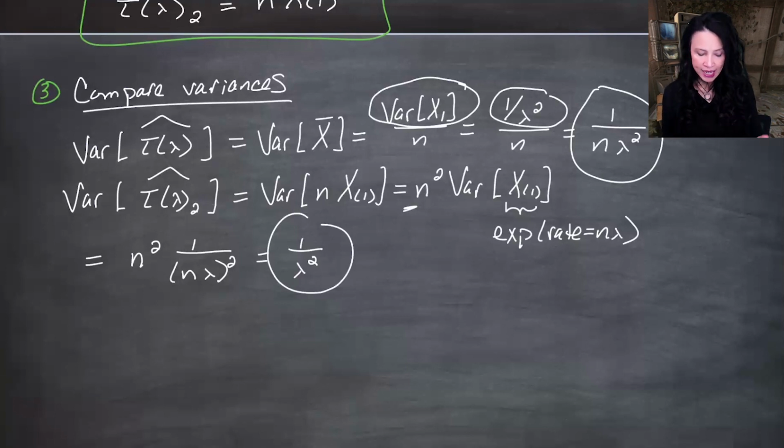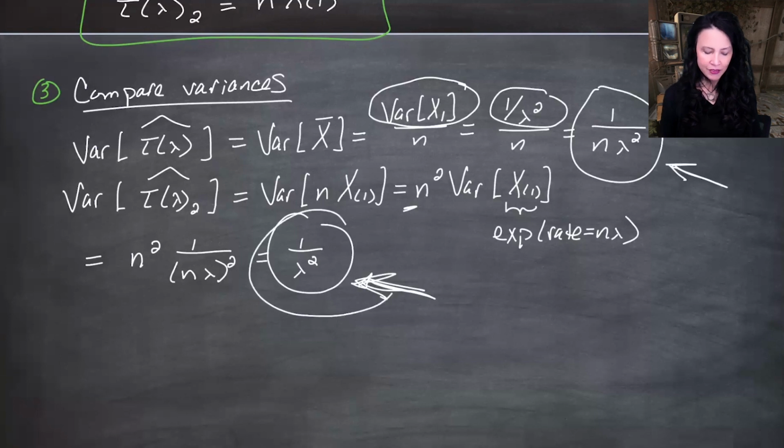It doesn't have to be the case. This one will not change at all, no matter what your sample size is. So not only is this variance larger than this variance for n greater than 1, but this one's not even moving at all. So for that reason, I would say our second estimator for 1 over lambda is pretty bad.